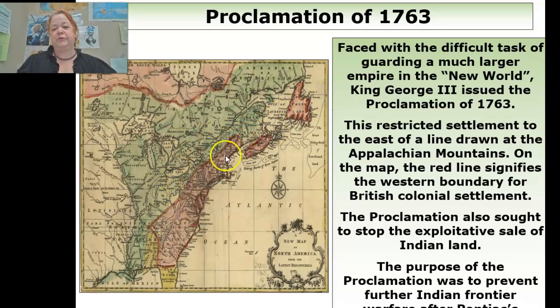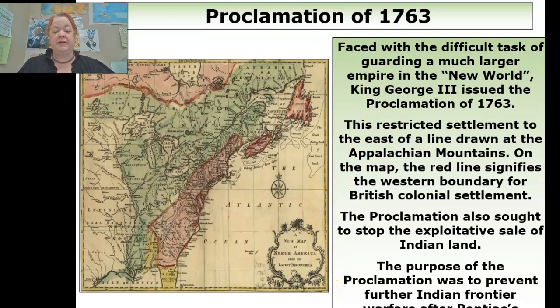Notice, this puts us right back to the land we had before the war. The only difference is, we can now go up into Nova Scotia. And the proclamation also sought to stop the exploitive sale of Indian land. So yes, the colonies, Virginia and Pennsylvania, were selling land. And the purpose of the proclamation was to prevent further Indian frontier warfare after Pontiac's rebellion.